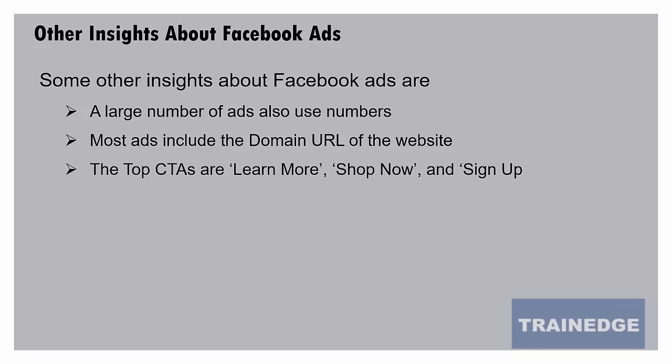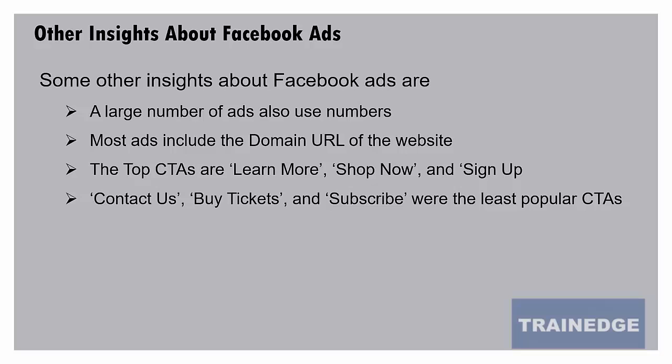The best performing call to actions or button text are learn more, shop now, and sign up. Maybe also because those are the three things that advertisers focus on when advertising on Facebook. Contact us, buy tickets, subscribe were the least popular. They don't get as much action as the other three.